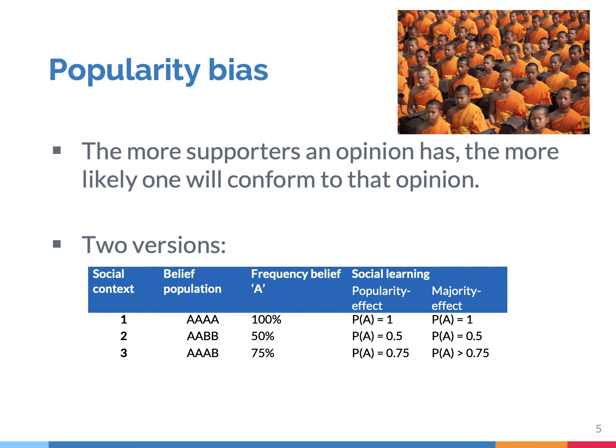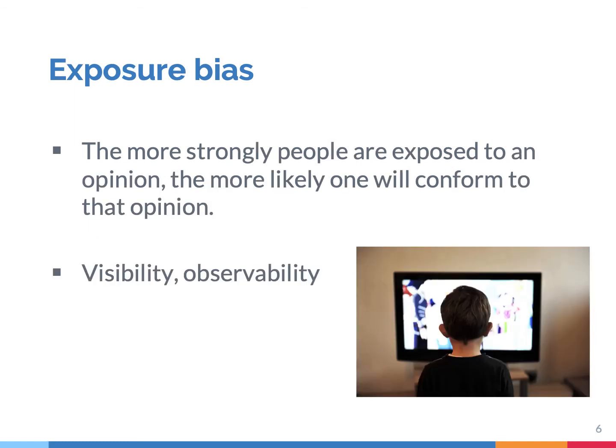But according to another idea, called the majority effect, opinions that receive a majority support, so more than 50%, are copied disproportionately more often. So if 75% believe in A, then there is more than 75% chance you will believe A as well.